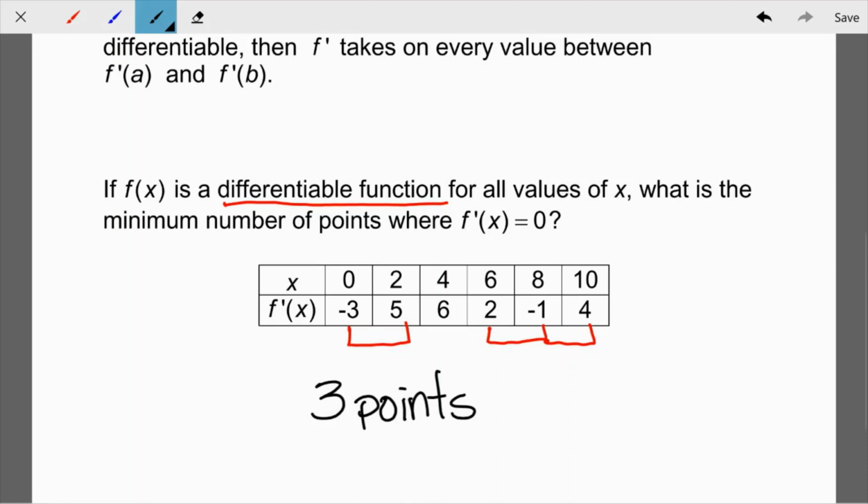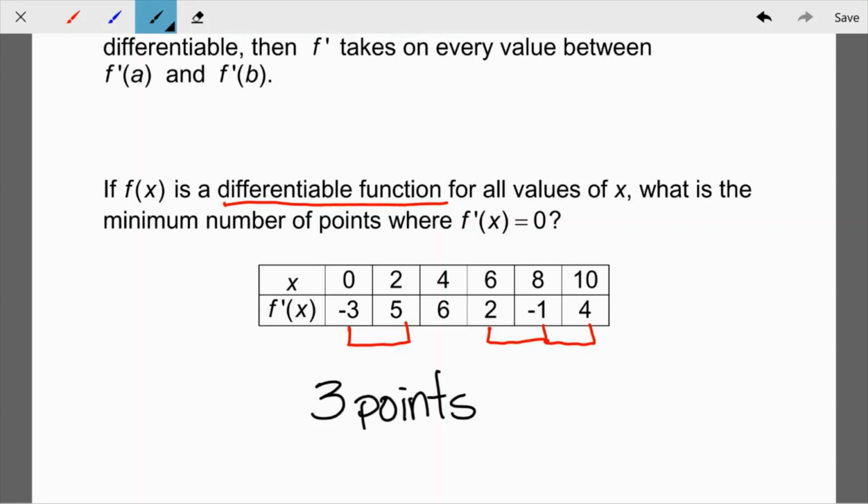We don't really know what's happening in between all of these values, but we do know that this is a continuous function, and we can see how many times we've definitely changed from negative to positive and positive to negative. So that's the idea behind those types of questions, and that's where the intermediate value theorem starts to get used a lot. If you had to write out a statement justifying it, it would be just like we did before with the intermediate value theorem.